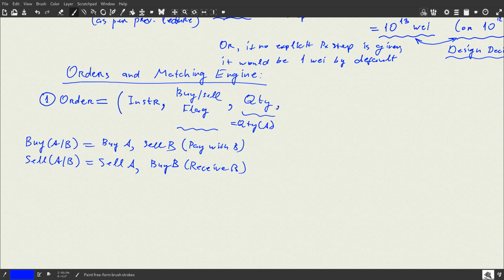Usually, when you make an order, you specify the price, but not always. Sometimes the price may be empty, and the situations where the price is empty we will discuss now. Typically, the price will be in, so we will say price or empty.